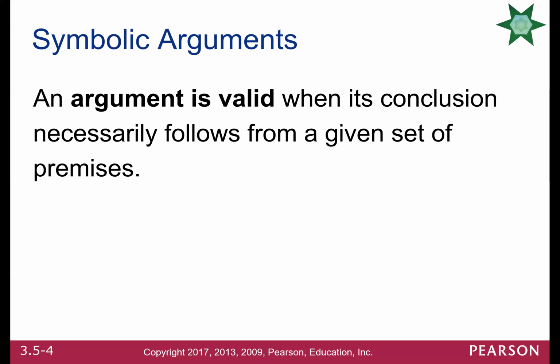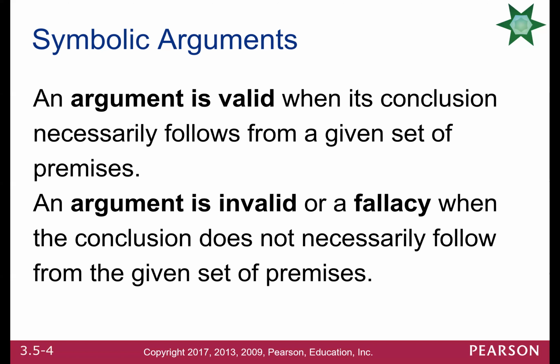In the previous argument that we looked at, that argument is actually valid because the conclusion we drew followed from the set of premises. If it's not valid, then it's invalid or a fallacy. An argument is invalid or a fallacy when its conclusion does not necessarily follow from the given set of premises.